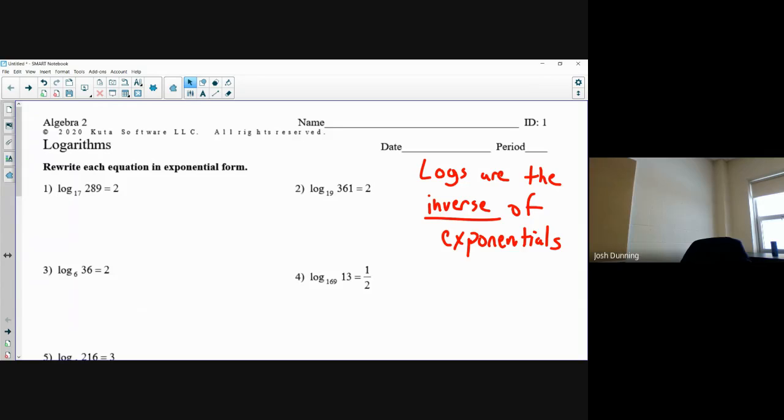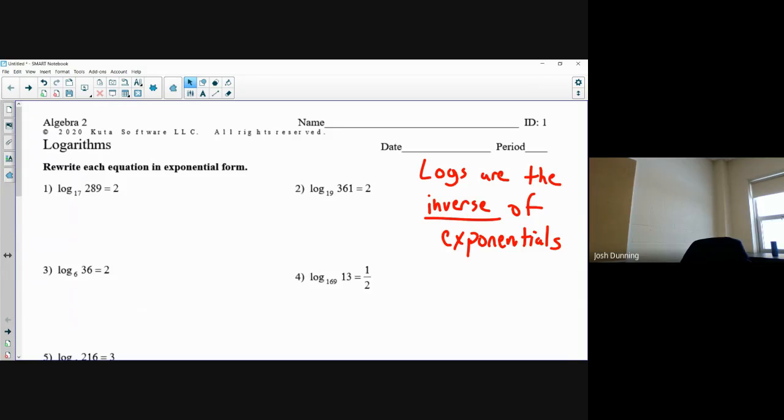Just like subtraction is the inverse of addition. They cancel each other out. Multiplication is the inverse of division. Squaring and square rooting are inverses. They're opposites. They undo each other. It's the same idea here.